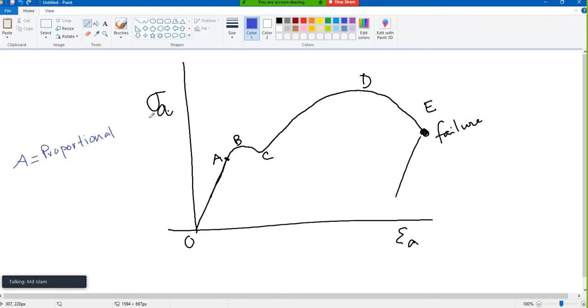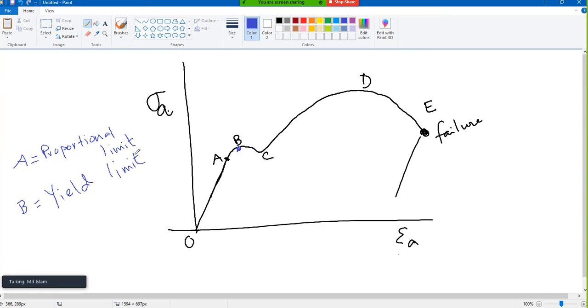That means if my sigma increases, epsilon increases. Proportional, linear. So it is called proportional limit. Then what is B? B is called yield point, or yield limit. Write everything as limit.